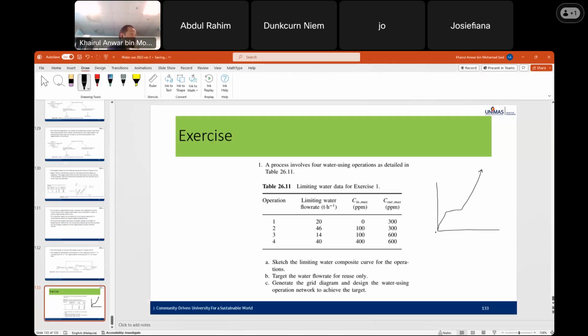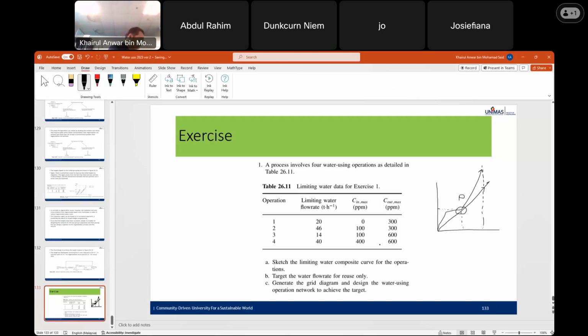Once we get the limiting composite curve, we draw the water supply line until it reaches the curve, so you stop here. So this point here is the pinch. You can calculate the minimum water flow rate from this pinch.